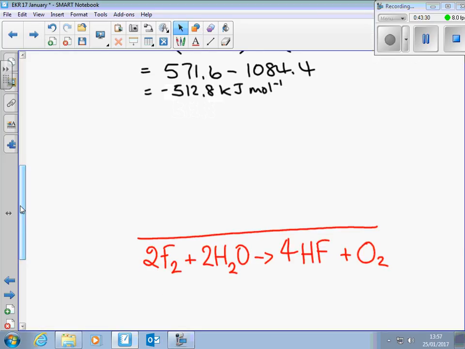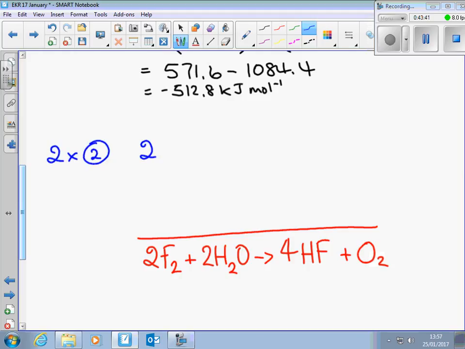Well, if you double that, 2 lots of equation 2 would give you 2, what came first? Was it the F2? The H2s first, is it? 2 H2s plus 2 F2s gives you 4 HFs.